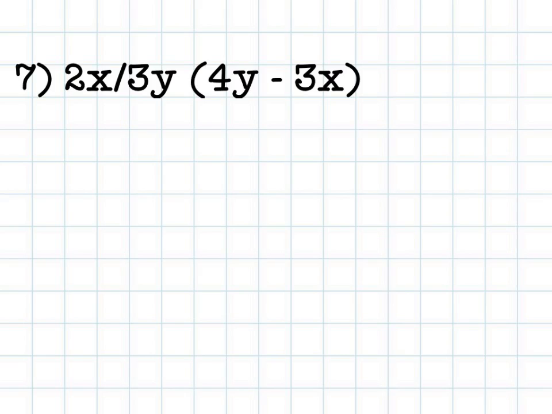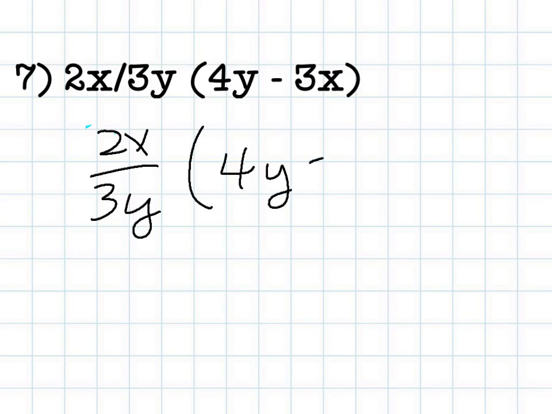Okay, here's the last problem that we're going to do. This one is a little bit different than what you've done before. So let's set it up the way that you'll understand it better. So we want to write it as 2x over 3y times 4y minus 3x. Okay? And what you're going to do here is you're going to distribute everything that's inside the parentheses to the fraction that's on the outside.